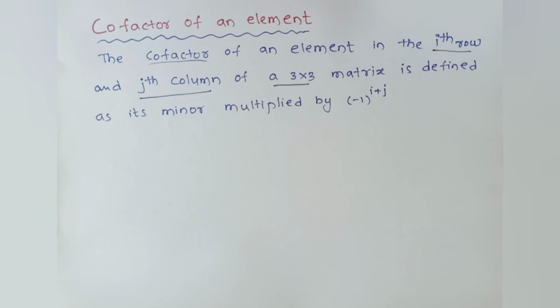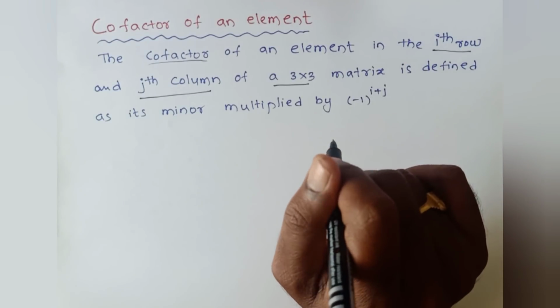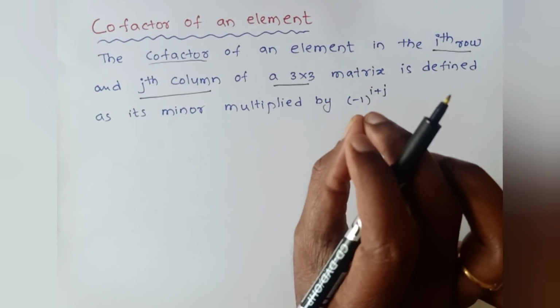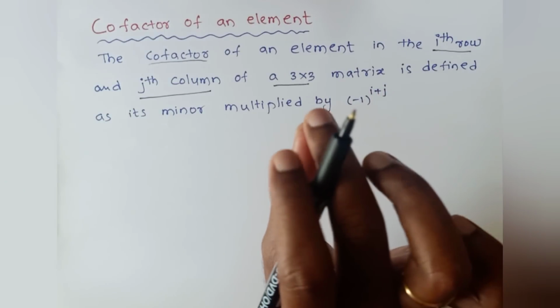We know the minor of each and every element of a 3 by 3 matrix. See, for the cofactor you just need to multiply by minus 1 to the power of the sum of the location.